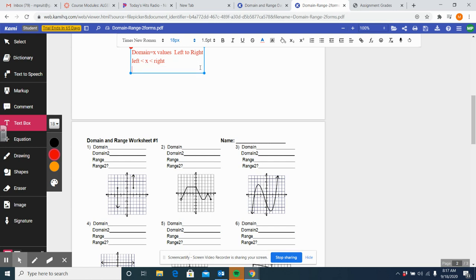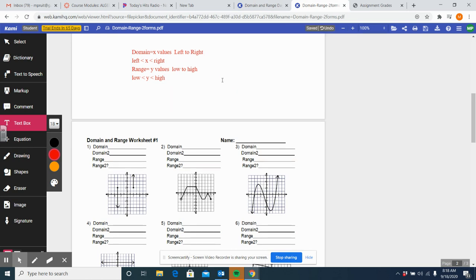And then on range, it's your Y values, and we look bottom to top, so low to high, lowest to highest point. You start with the lowest, use your sign. Instead of X, now we're looking for Y, and we go to the highest point.